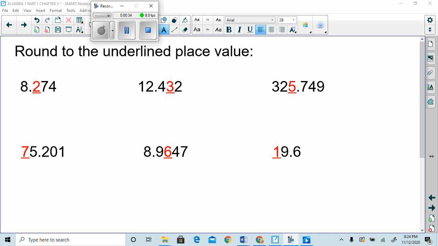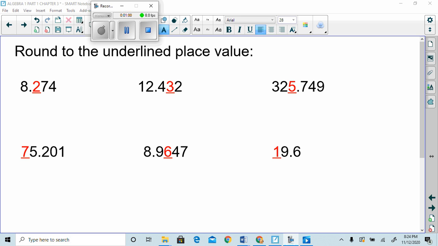When I'm rounding to a certain place value, whether it's the tenths, the hundredths, the thousands, or to the nearest whole number, or tens or hundreds, we look for whatever's being asked, either in words or perhaps it's underlined like in these. So let's look at that first one, and the place value that is underlined is the tenths. So I'm asking you to round to the nearest tenth.